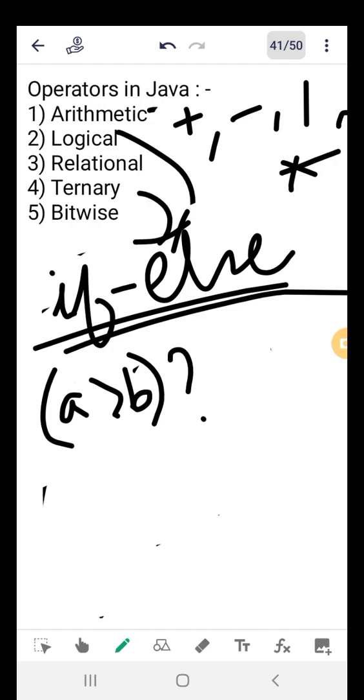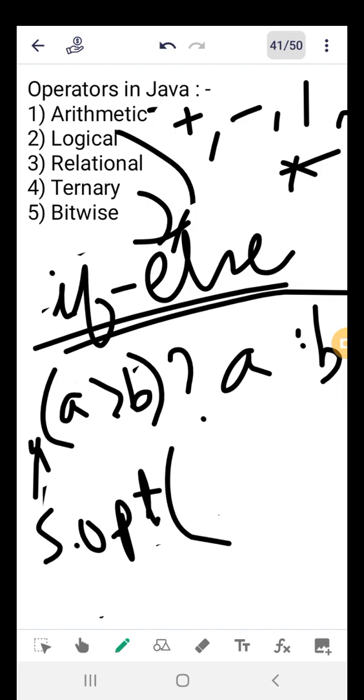For example, if a is greater than b, then you can print a. So what does this statement mean? Here is a print statement.